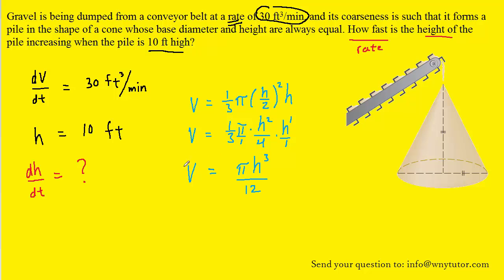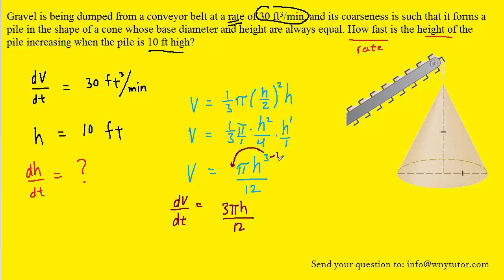After establishing and simplifying the formula, our next step is to take the derivative of both sides with respect to time. For volume, that's going to be easy because the derivative of volume with respect to time is just dV/dt. The right side isn't terribly difficult either. We're just going to use the power rule where we pull the exponent down in front to give us 3 pi h divided by 12.